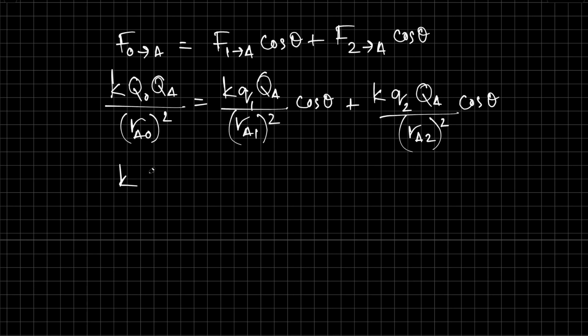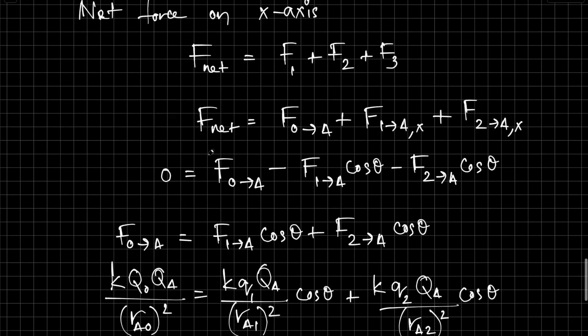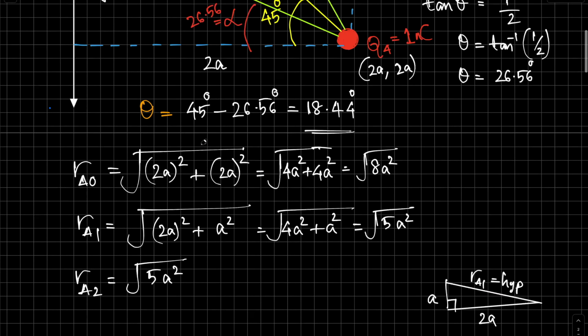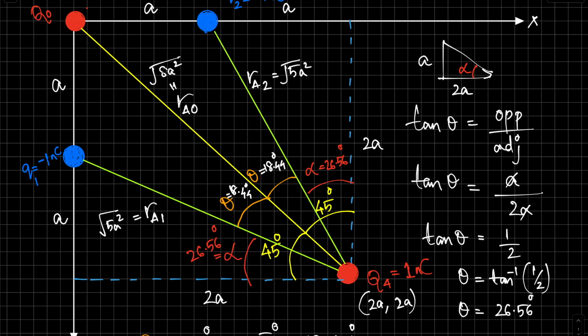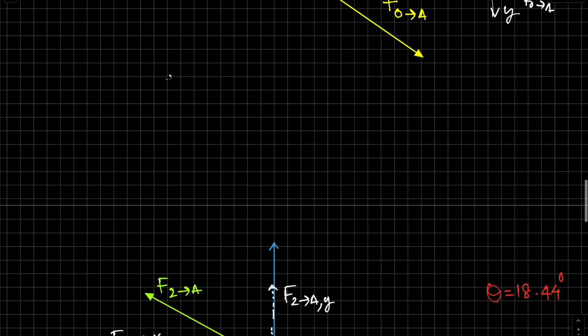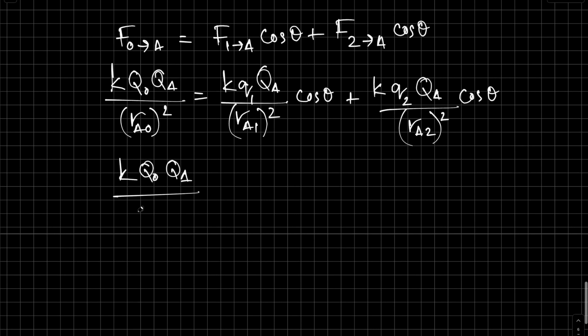Okay, K Q0 QA over, what is RA0? We found RA0. RA0 is root 8A square. So root 8A square, the whole square equals, so we have two terms here and we have K and QA common in both the terms. So I'm taking K and QA outside the bracket, K QA.